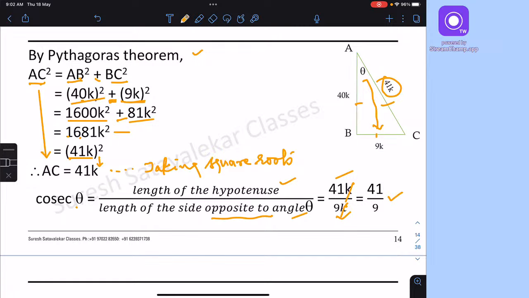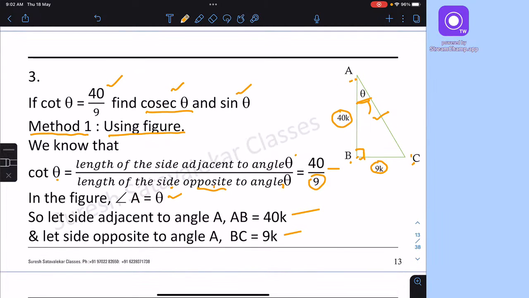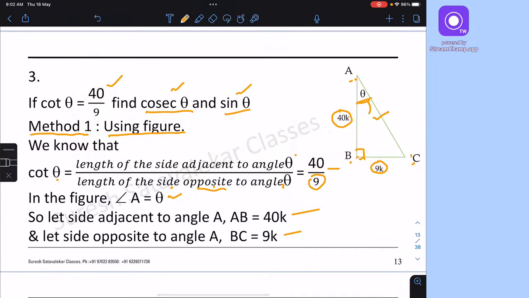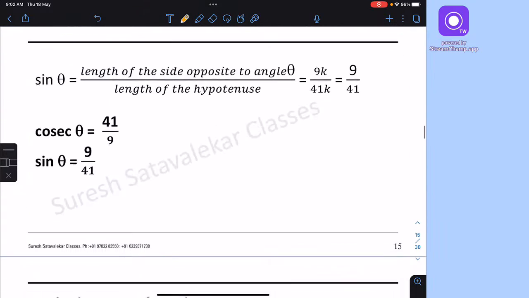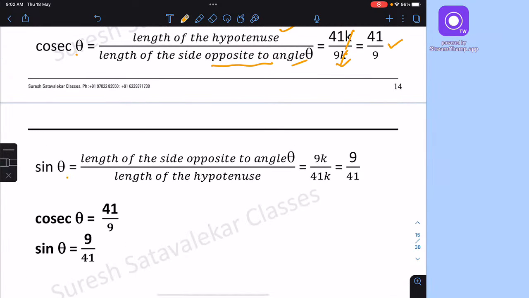This is cosec theta. You are also asked to find sin theta. So cosec theta and sin theta are related. Sin theta, from the figure, is length of the side opposite to angle theta upon length of the hypotenuse.